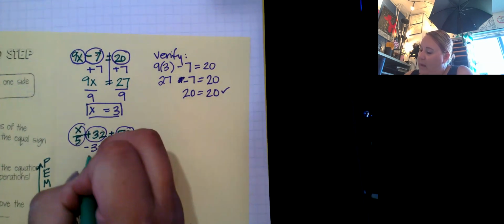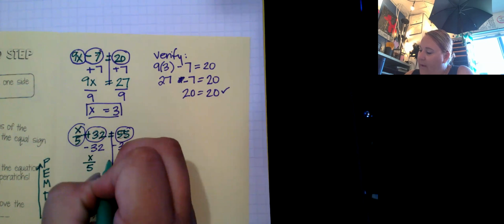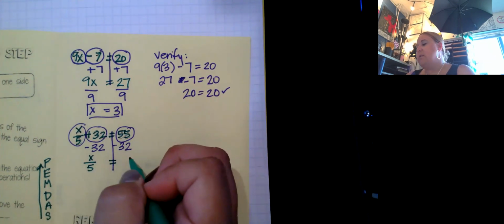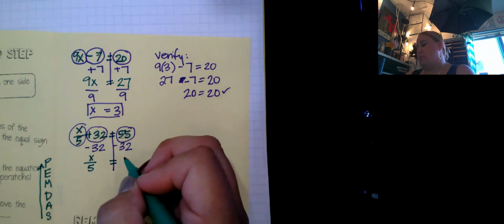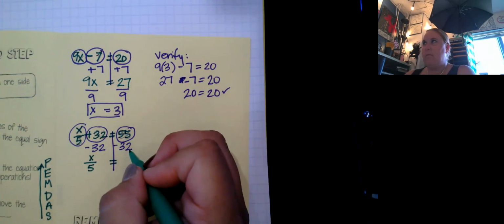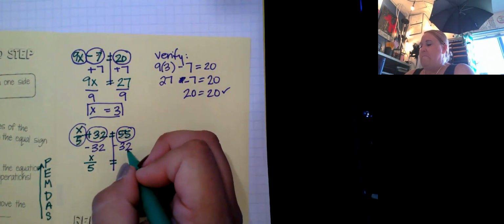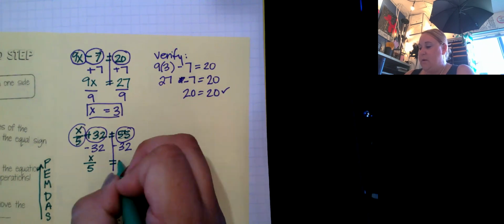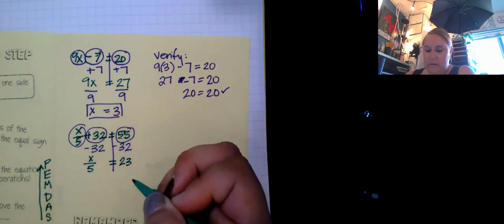That leaves me with x over 5 on the left equals, what would that be? 53. No, what's 55 minus 32? If I subtracted 30, that would be 25. So 23, is that correct? I think so. Okay. All right.